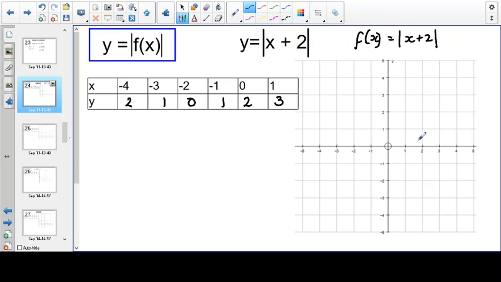Okay, so we plot this: (1, 3), (0, 2), (-1, 1), (-2, 0), (-3, 1), (-4, 2). So we end up with a graph that looks like that.